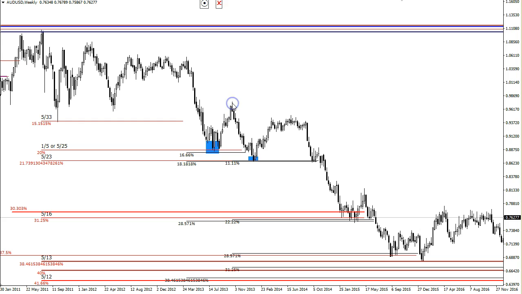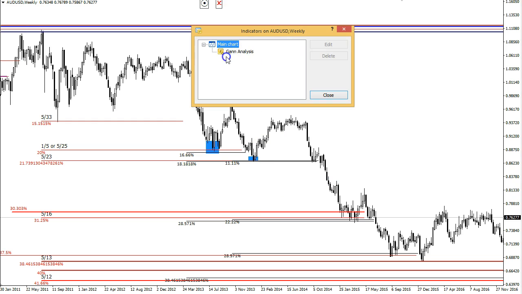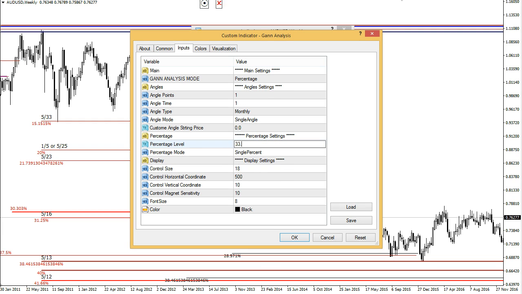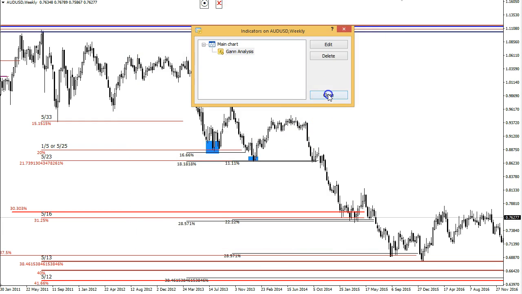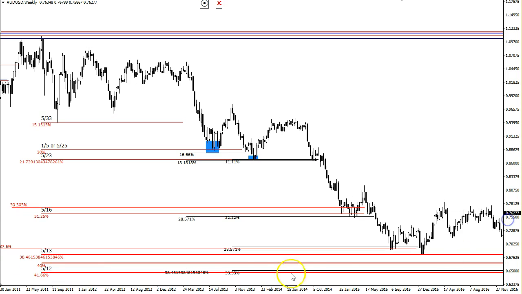So 31.25 is not that really good, but we did use it in the past. 33.33, you can see that it's overlapping here, so this is why I'm interested in 41.66.